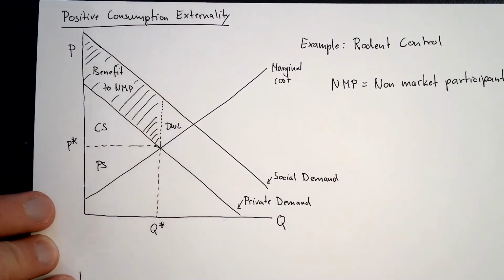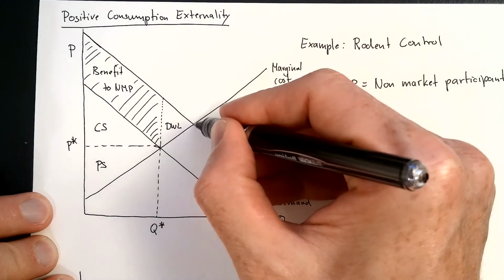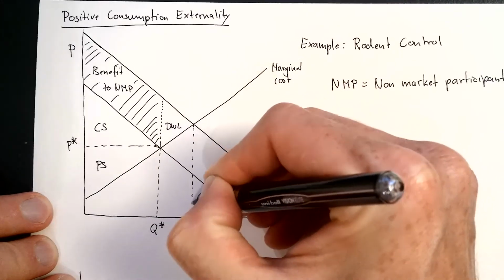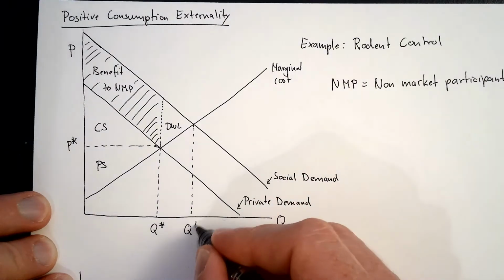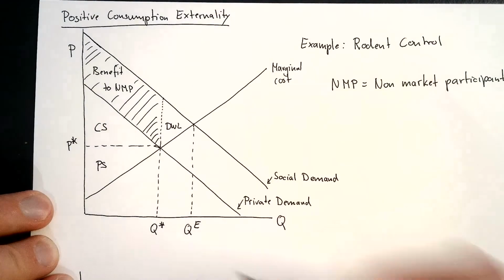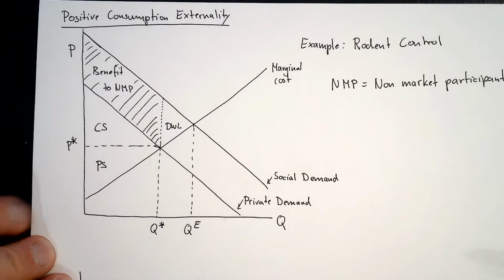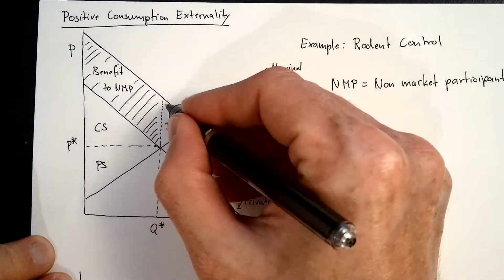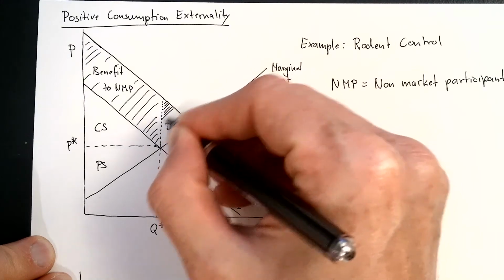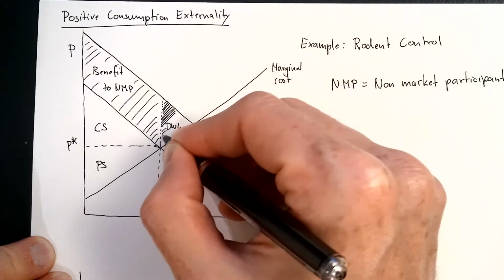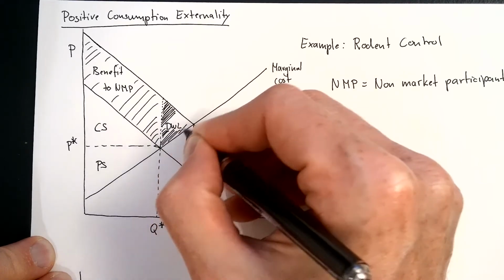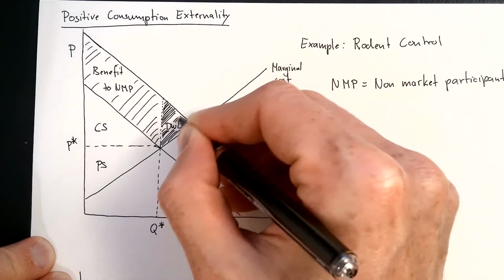Because we will soon see that the optimal, or efficient, point of consumption should be at QE, Q efficient. So if you have a positive consumption externality, this area here represents the deadweight loss.